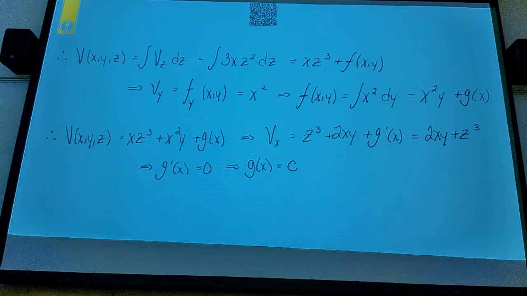G of x is just some real number. Take that as your potential function.